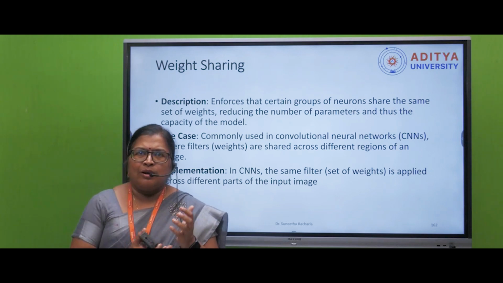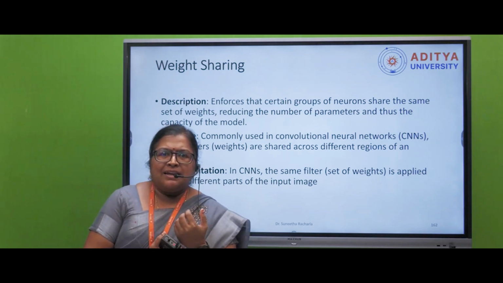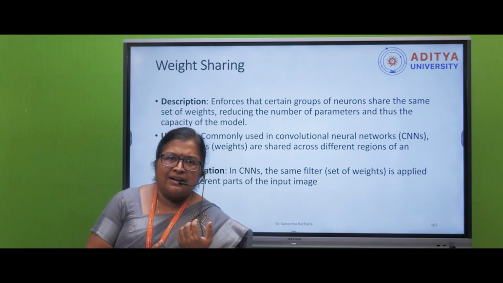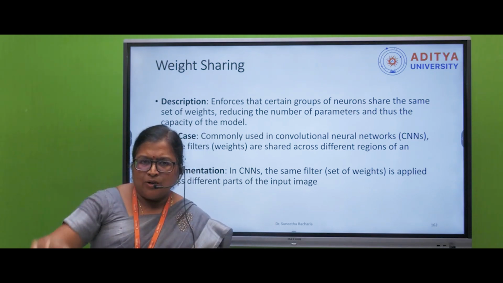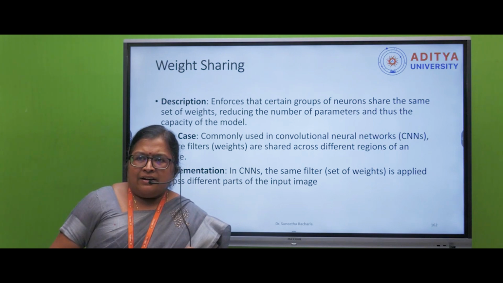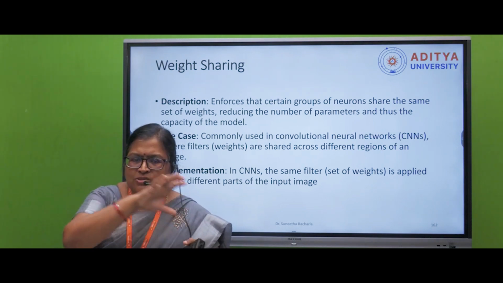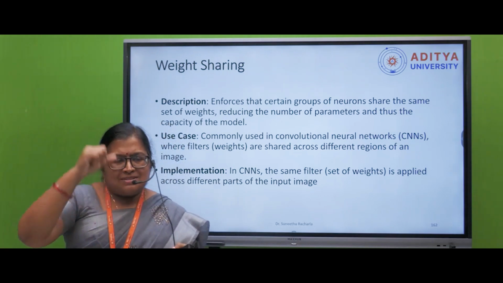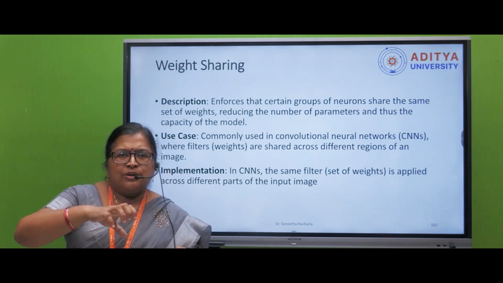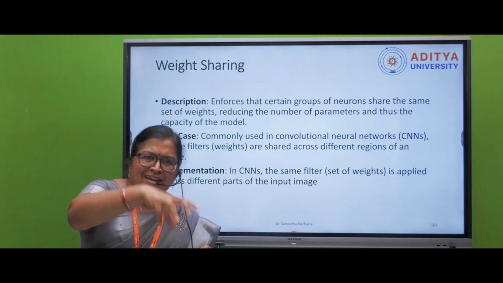For example, I'll tell you one more example. I'm taking an image of a dog, and I am going to process the image of the dog through my nodes, and I have predicted the output as dog. That is over. One project is over for me. So in the next project, I am going to take the same dog image, but I am going to add a cat in that picture.